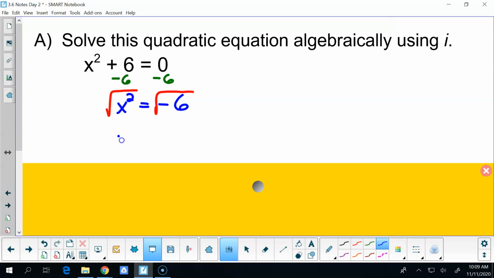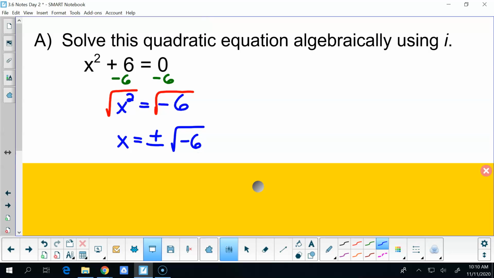I would get x on this side equals... Now, the kicker here is I need to have 2 answers because it's a squared one. So I've got to add the plus or minus. That'll give me my 2 answers. Then this is going to be the square root of negative 6.